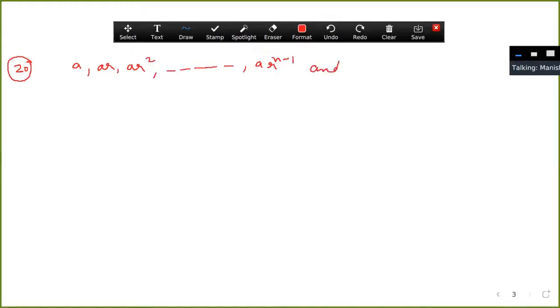and the second sequence A, AR, AR square, up to A, R to the power n minus 1, form a GP. Find the common ratio.